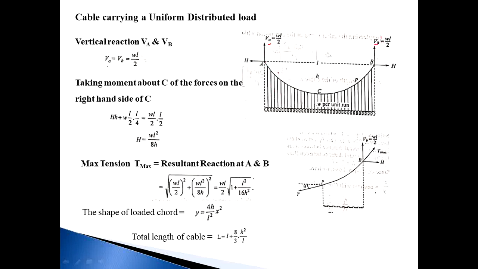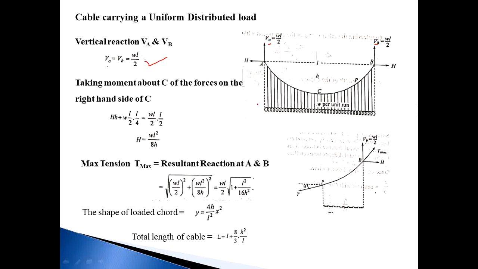So total load on the cable is W into L, where L is the span of the cable. Supports are two, A and B, so the reaction VA is equal to VB is equal to total load divided by 2, that means WL by 2.